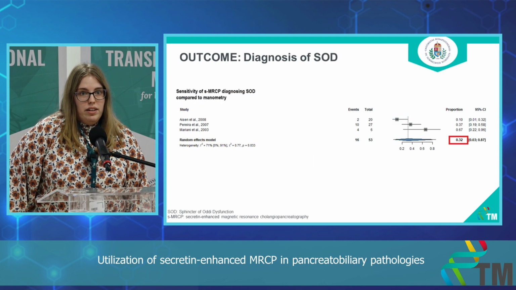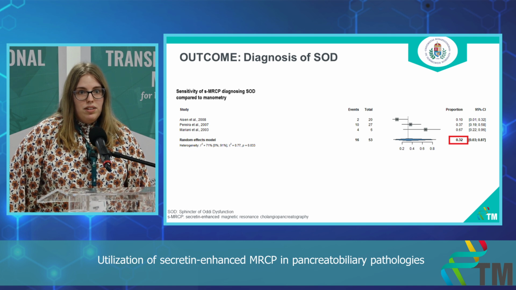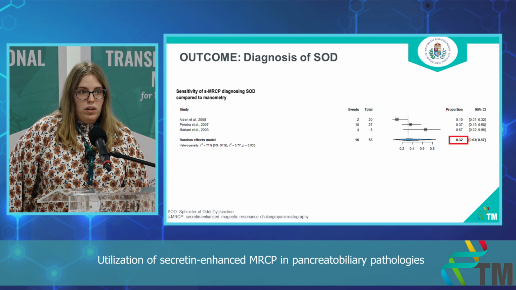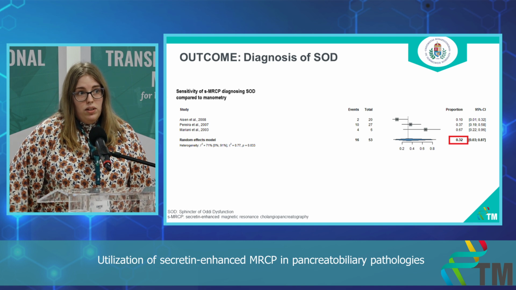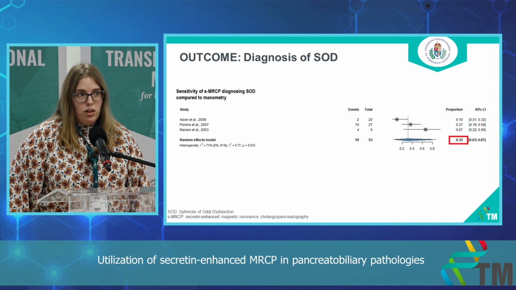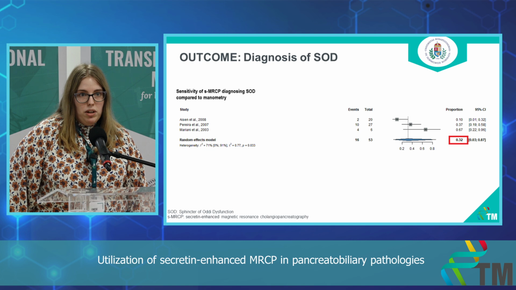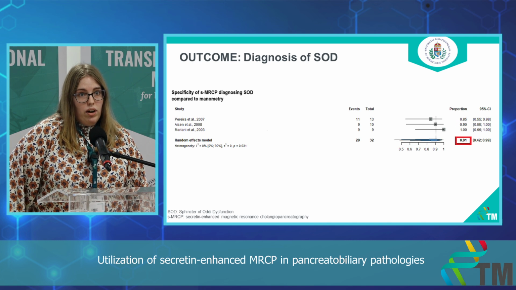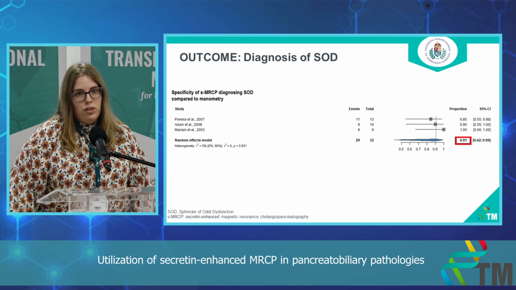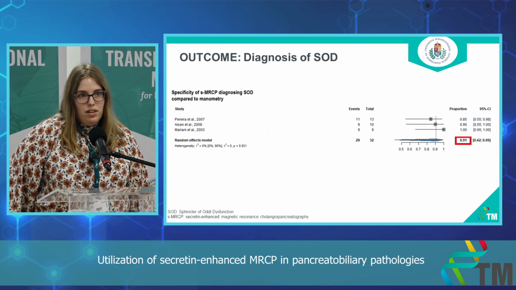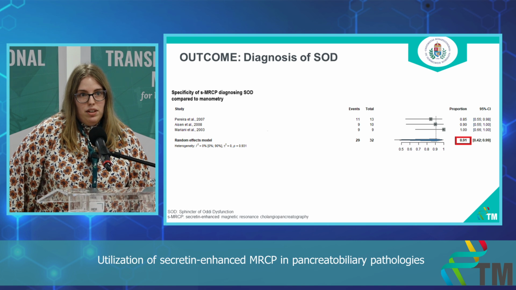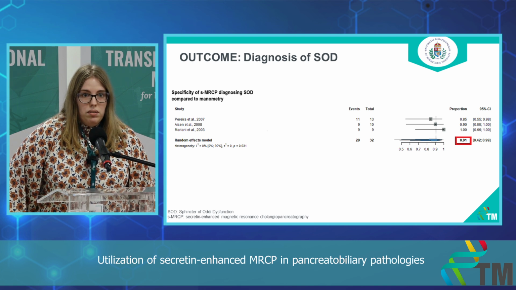We can say that when looking at the pooled sensitivity from the included 3 articles, the sensitivity of secretin-enhanced MRCP compared to sphincter of Oddi manometry is only 32%. However, for the same modalities, secretin-enhanced MRCP against manometry, the specificity is 91%.